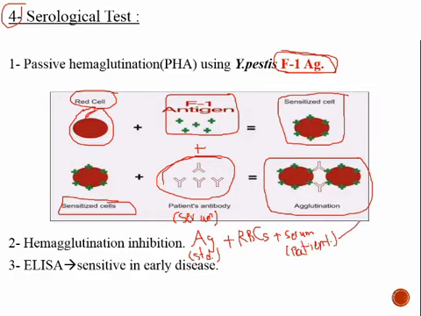If the patient has the antibodies for Yersinia pestis, meaning he is infected, what will happen? The affinity between the antigen and the antibody is greater than the affinity between the antigen and the red blood cells. So in this case, I will see no agglutination. That's called hemagglutination inhibition.